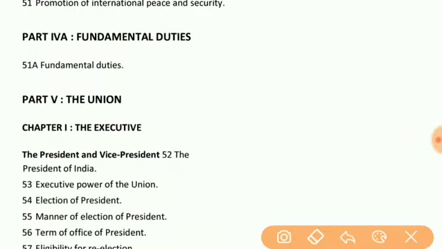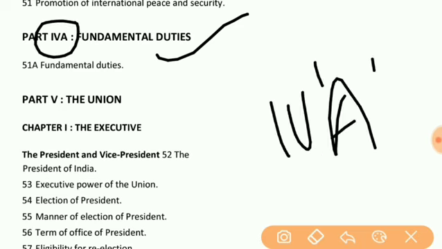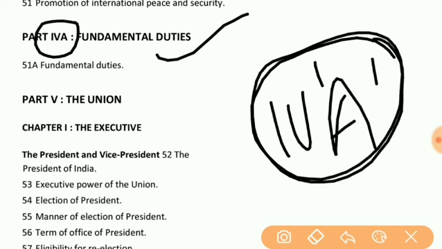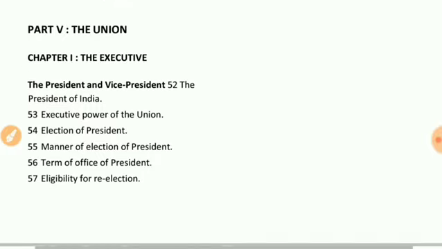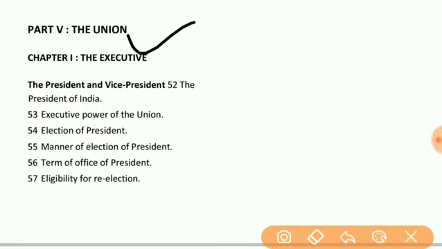Then we have Part 4A, which is the Fundamental Duties. This capital A represents an amendment, that is, this part was inserted in the Constitution after the amendment. It means in the original Constitution we did not have this part. Then we have Part 5, the Union.